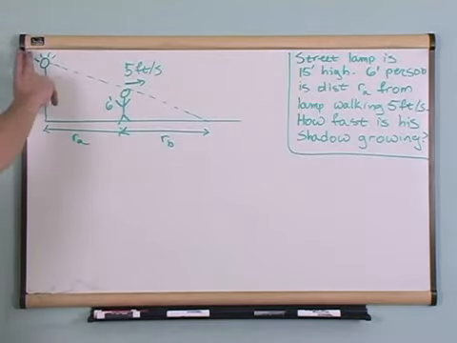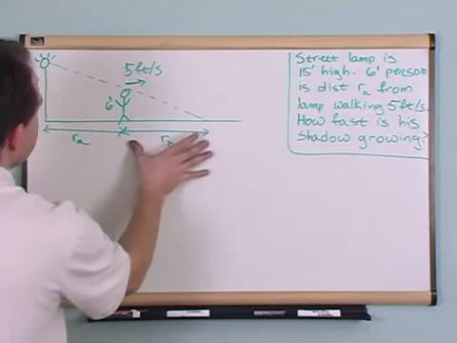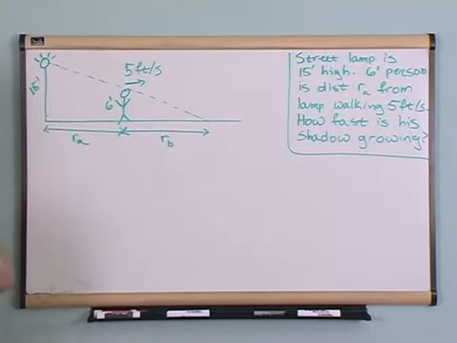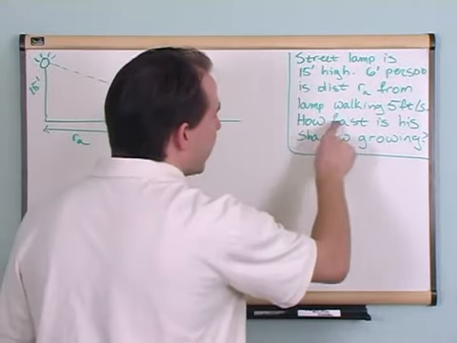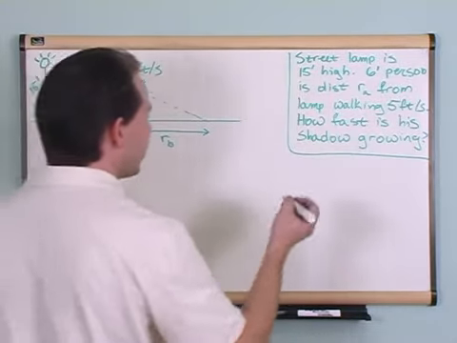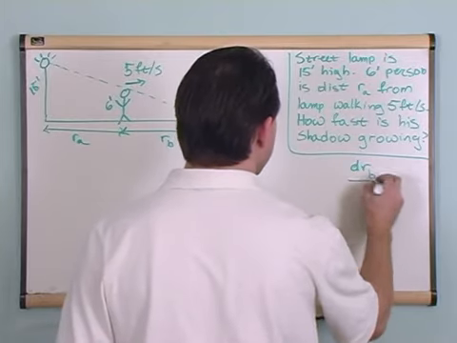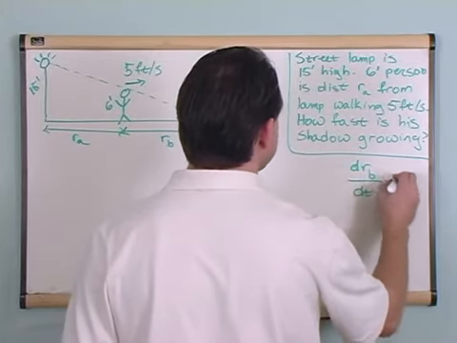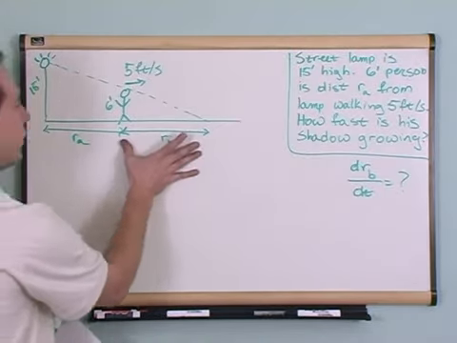So you have a 15-foot high pole, a 6-foot person, he's some distance RA away, and he's got a shadow that's RB long. And I don't know much here, and the question is, what do I need to find? Well, if this is the length of his shadow, and they're asking me how fast is his shadow growing, what are we trying to find? We're trying to find dRB with respect to t. That's what we're trying to find. How fast is this distance changing with respect to time?